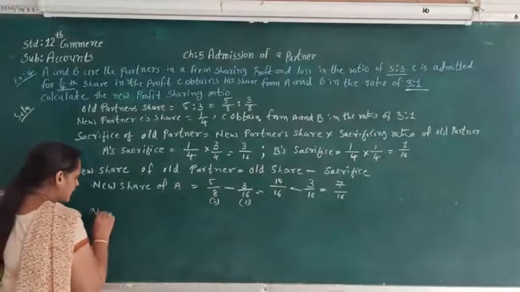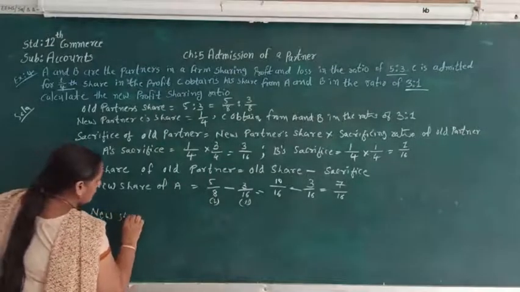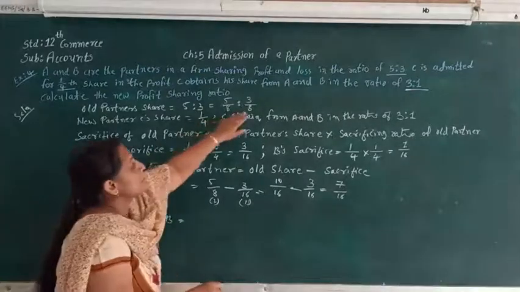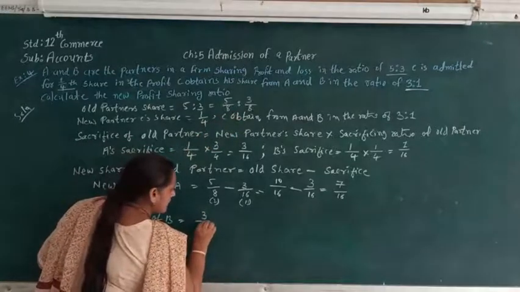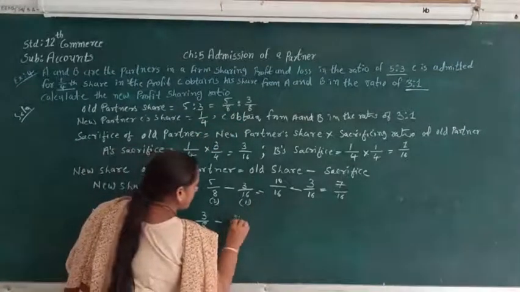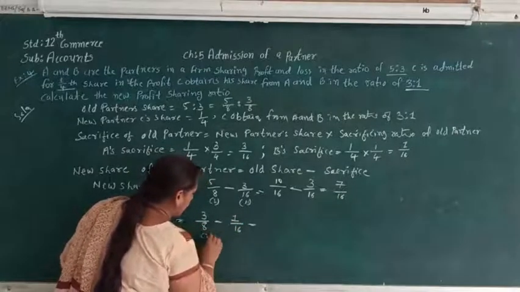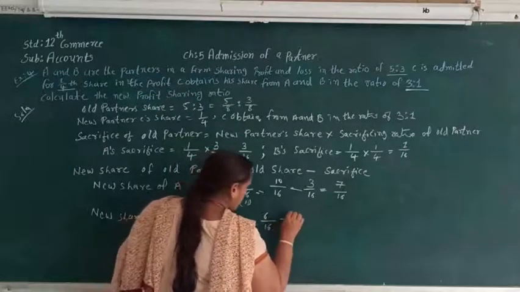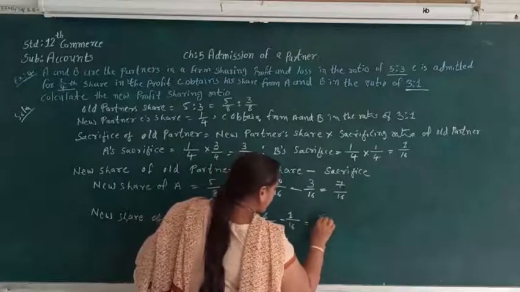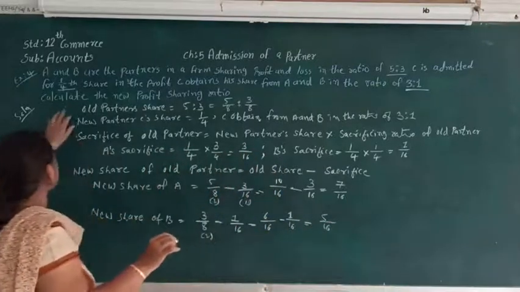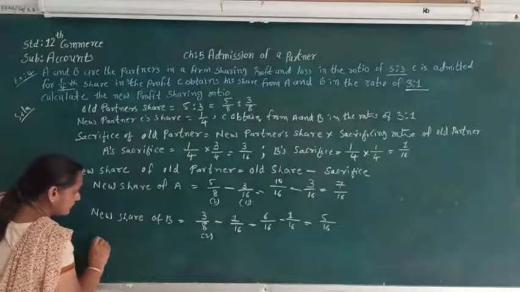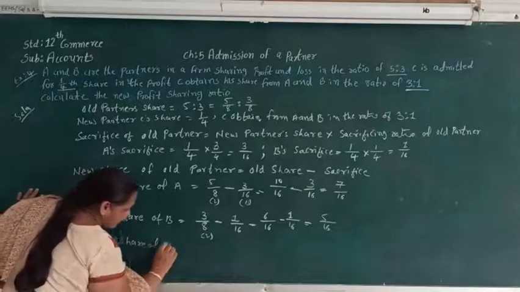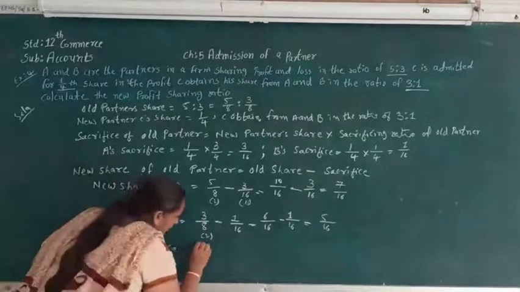Now in the same way, let's see the new share of B. It is equal to the old share of B, 3 by 8, minus the sacrifice of B, 1 by 16. Making the denominator the same, 6 by 16 minus 1 by 16 will be 5 by 16. And the new share of C is equal to 1 by 4.